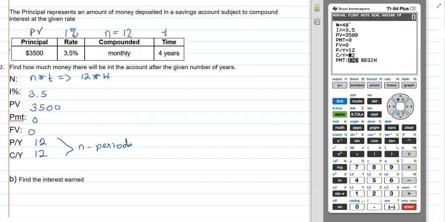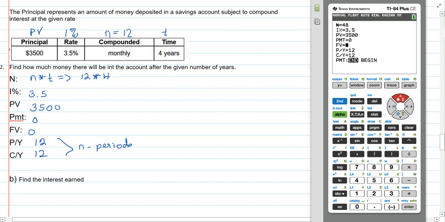And I have everything. I have 48 periods of interest calculated, 3.5 interest rate, 3,500, zero payment, zero future value, 12 and 12. So I'm going to move to future value, and I'm going to do an alpha solve.